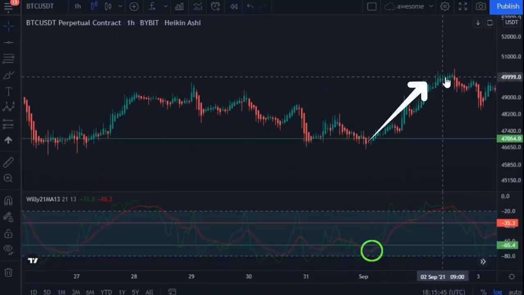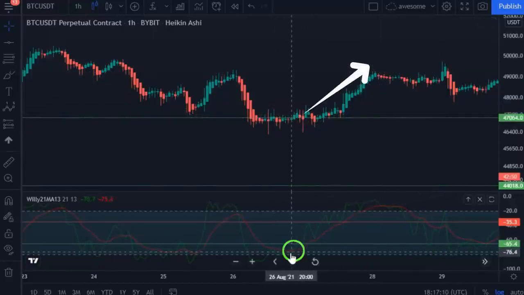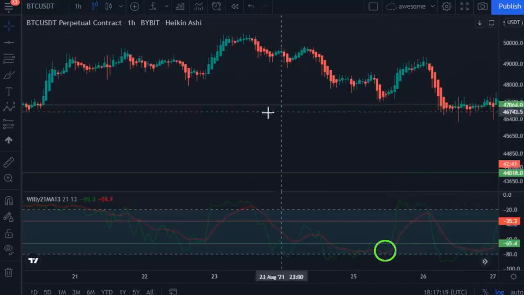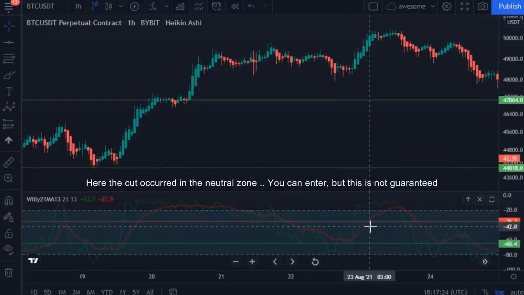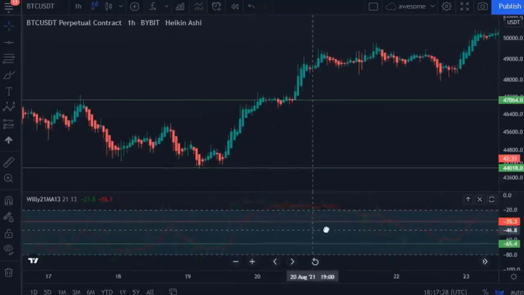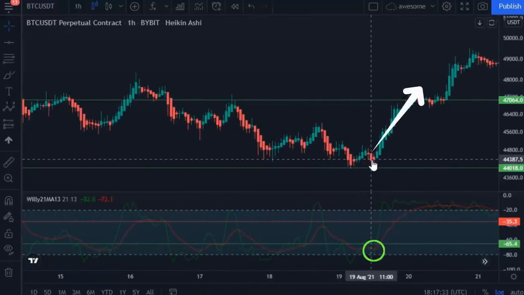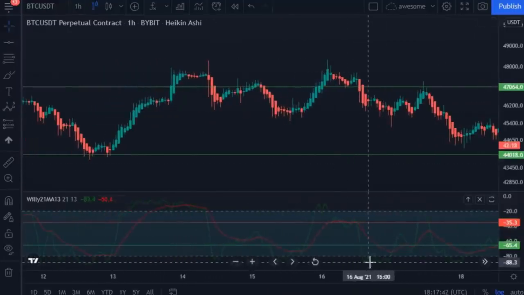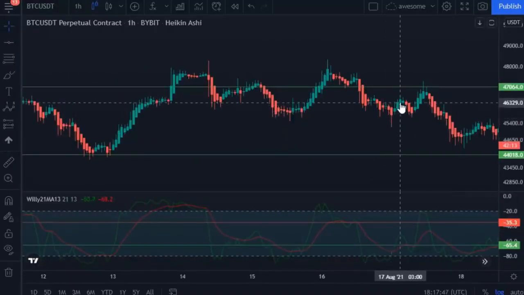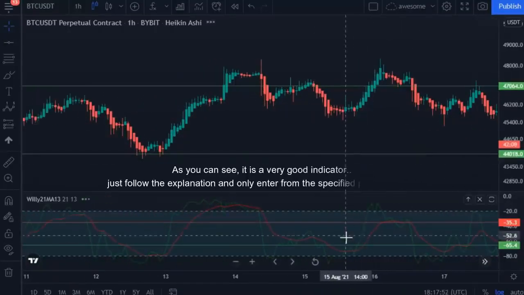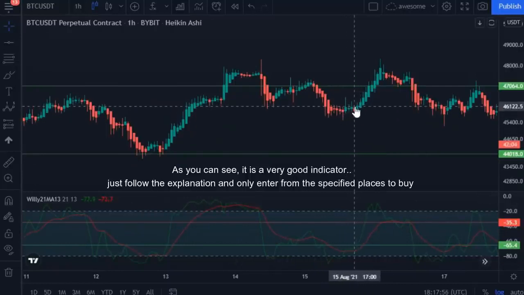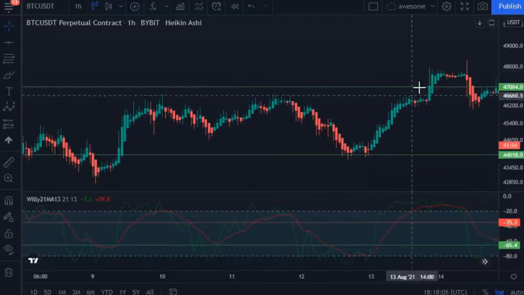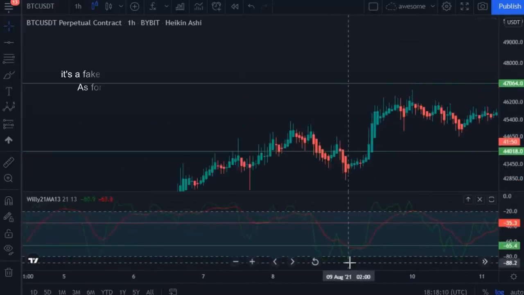Let's see some examples here. Now look at this intersection.